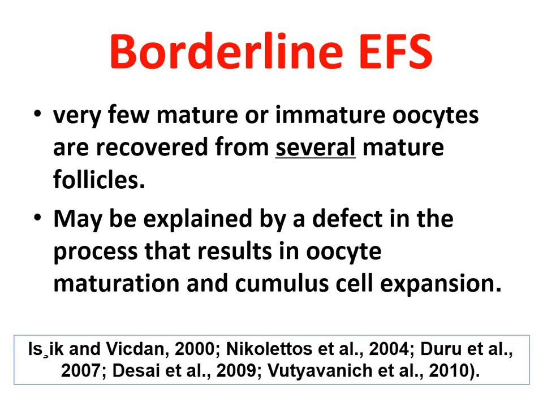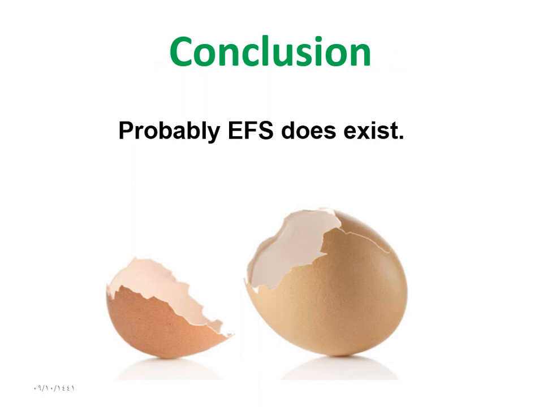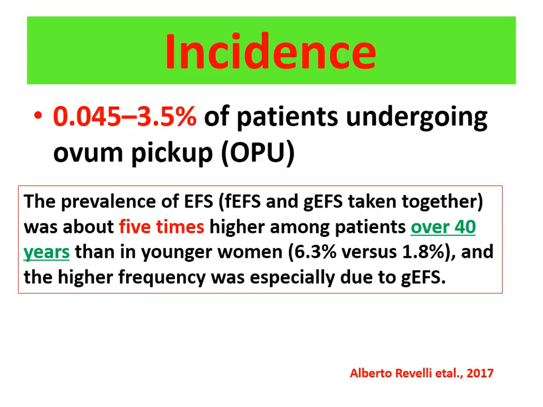This can be explained by a defect in the process that results in oocyte maturation and cumulus cell expansion. So in conclusion of this debate between these two teams, one team mentions that there is nothing called empty follicle syndrome. The other tried to prove, in conclusion, that empty follicle syndrome probably exists.